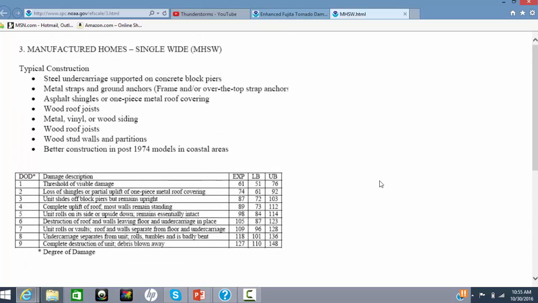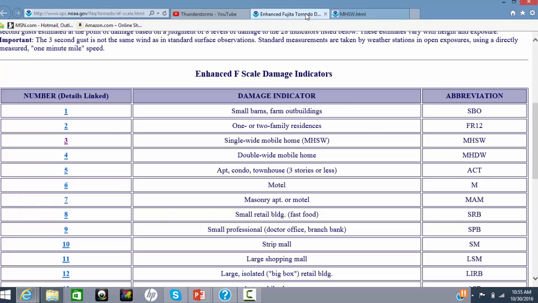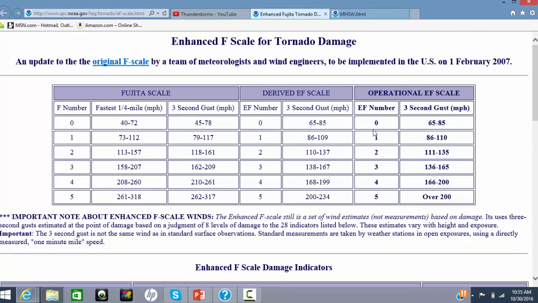We go back up to the scale here, and 98 miles an hour puts it in the operational scale between 86 and 110. That would have been an EF1 tornado. That's how we know it's an EF1.